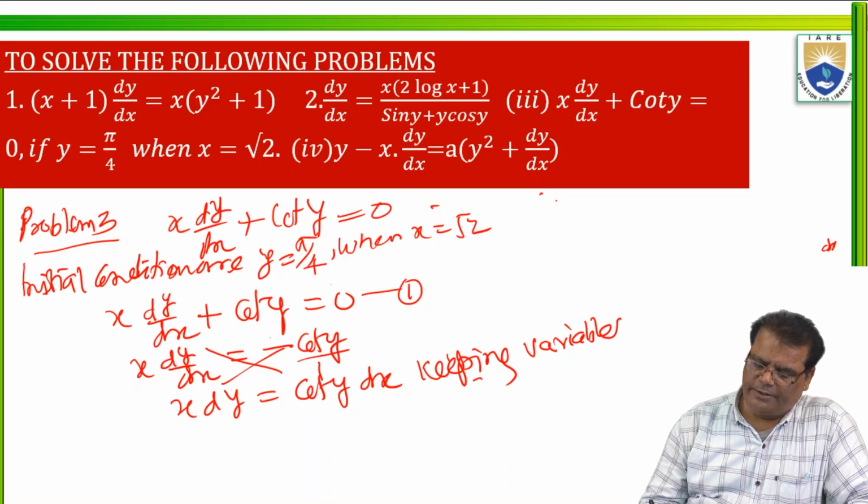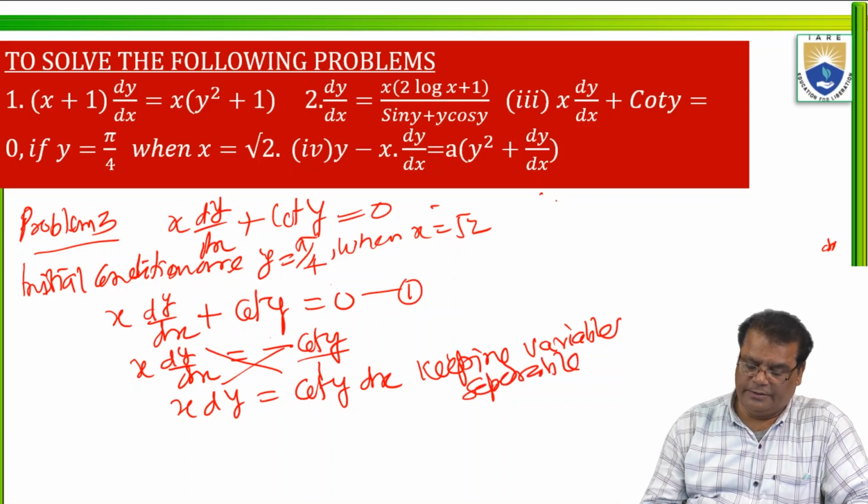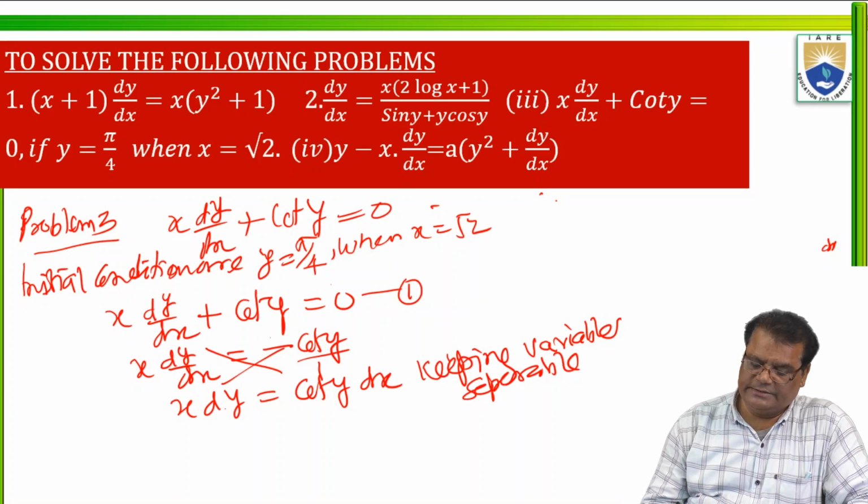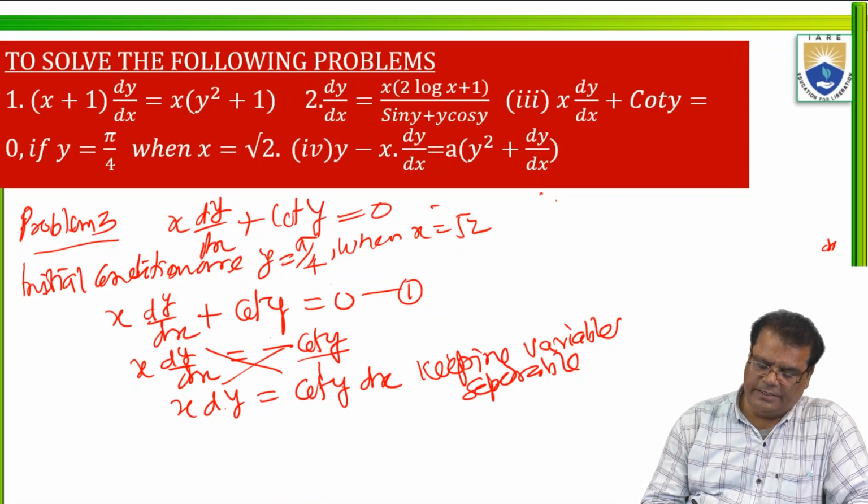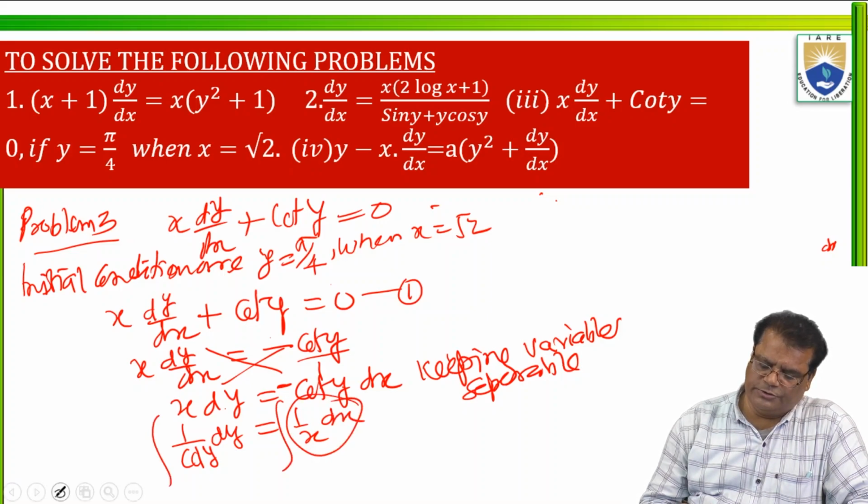Variables separable, method 1 applies here. Taking 1 upon cot y with dy equals minus 1 upon x dx. Now the variables are separate, so integrating on both sides.